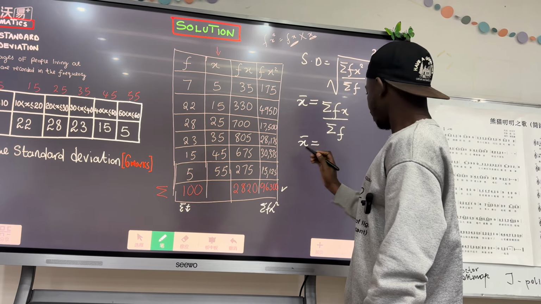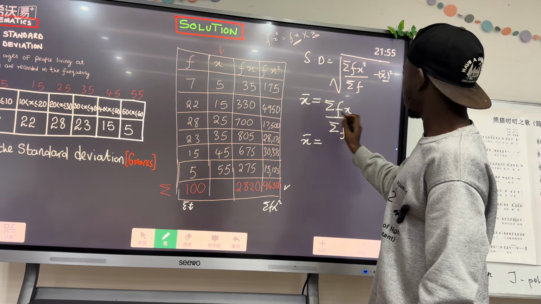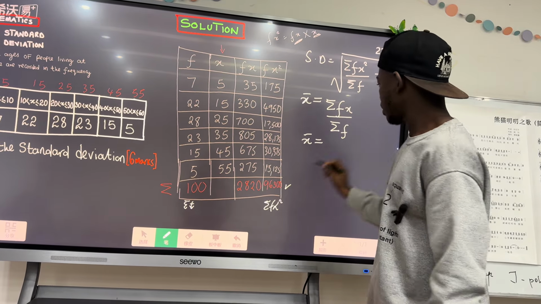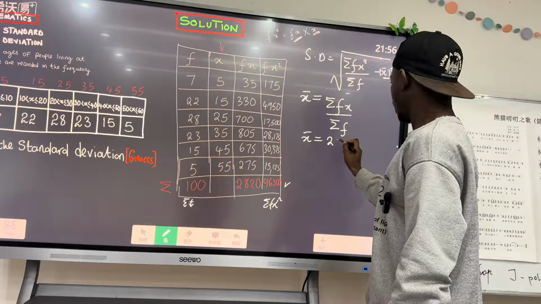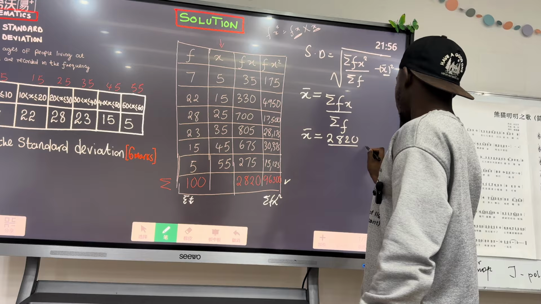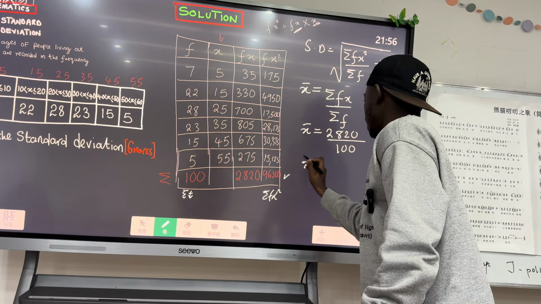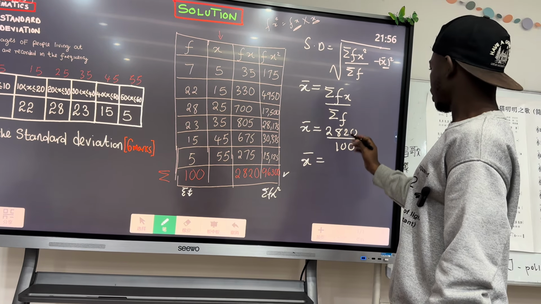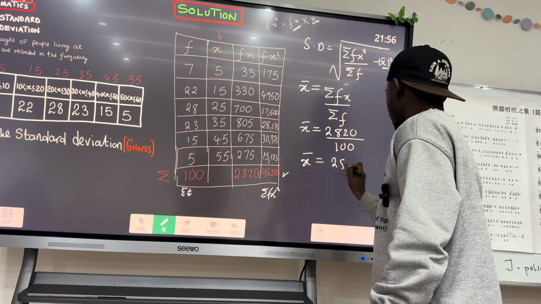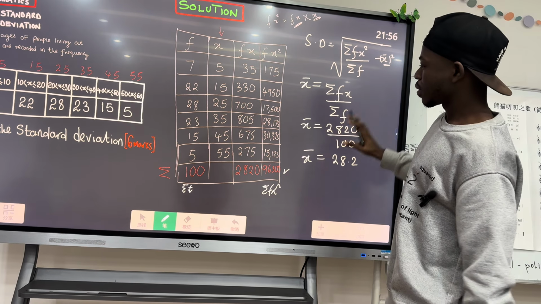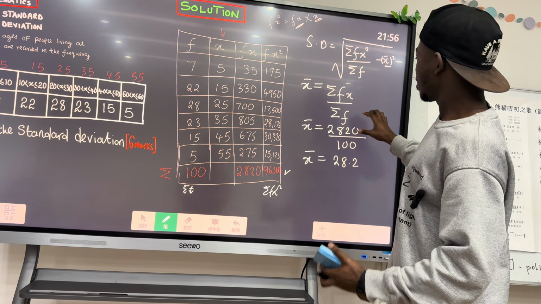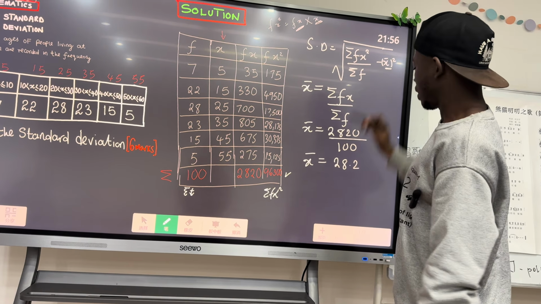So the mean will be equal to summation of fx, which is 2,820, divided by 100. So when we divide, we can clearly see that the mean here is 28.2. So this is the mean. So by finding the mean, we now put it there.